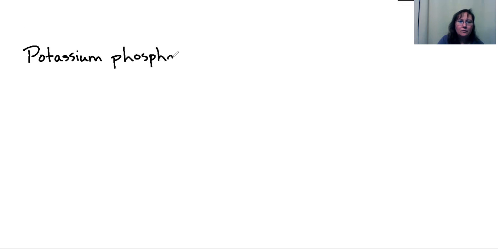Okay, so let's say that we want to make a potassium phosphate solution. So here we have potassium phosphate in water. I'm doing this backwards from what is in the slides a little bit, just so that it's supplementary.